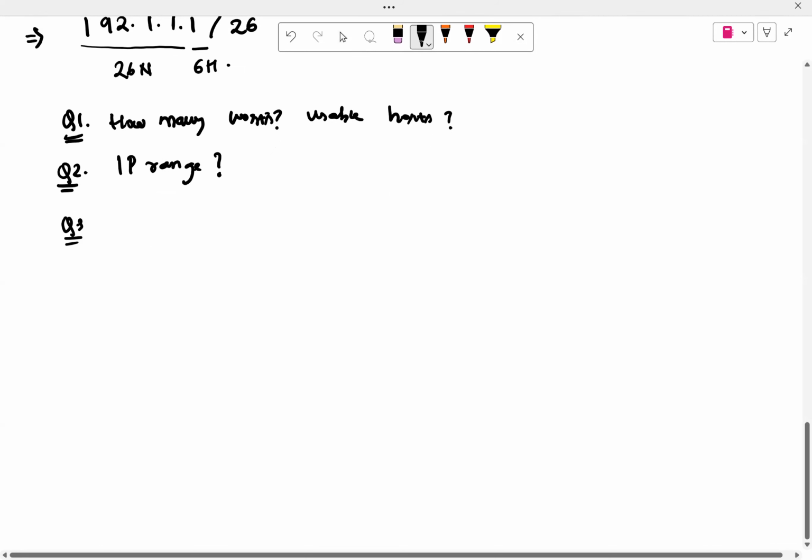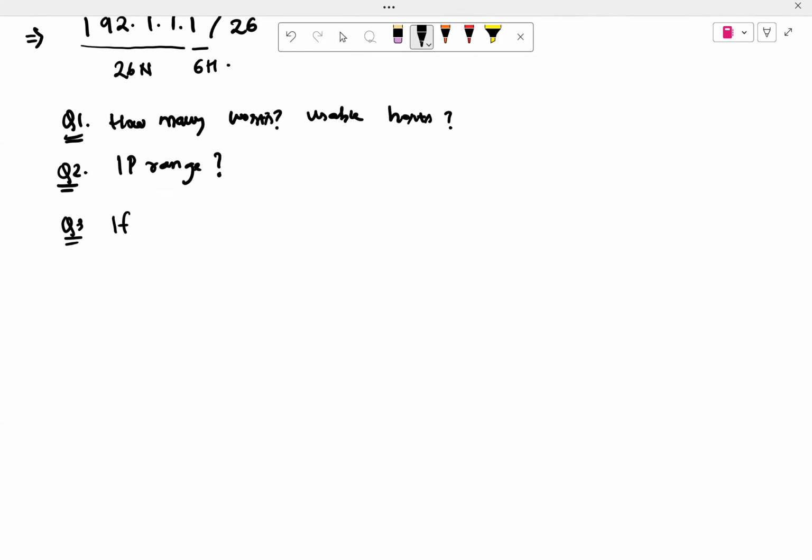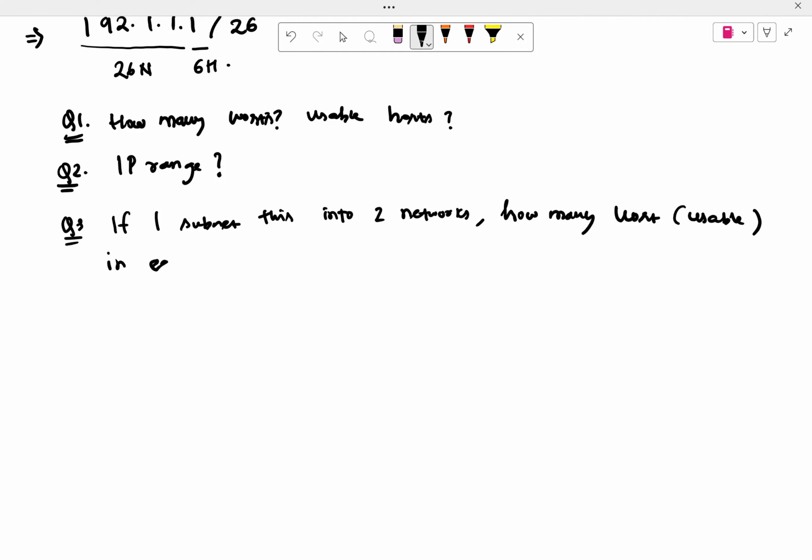Question 3 can be, if I subnet this into two networks, how many usable hosts are in each subnet?